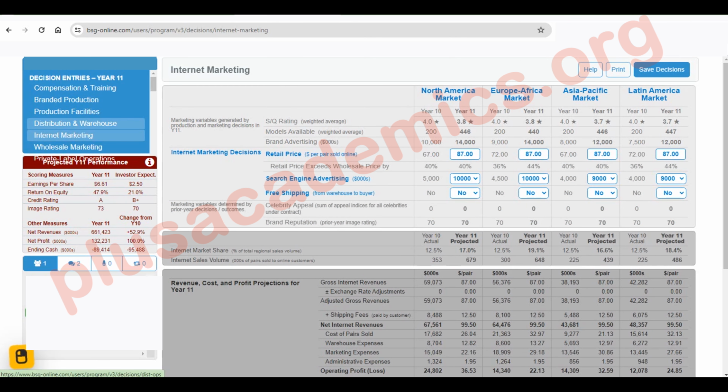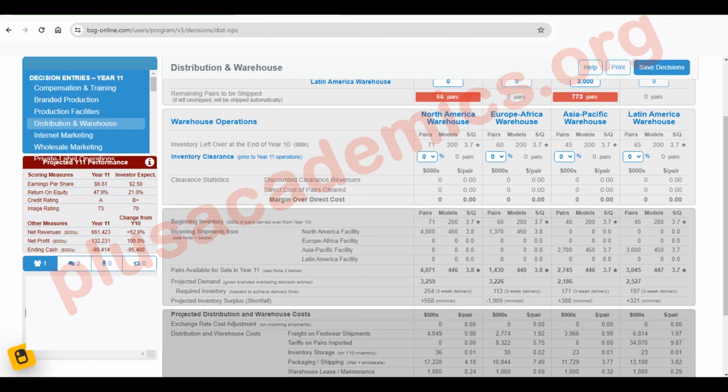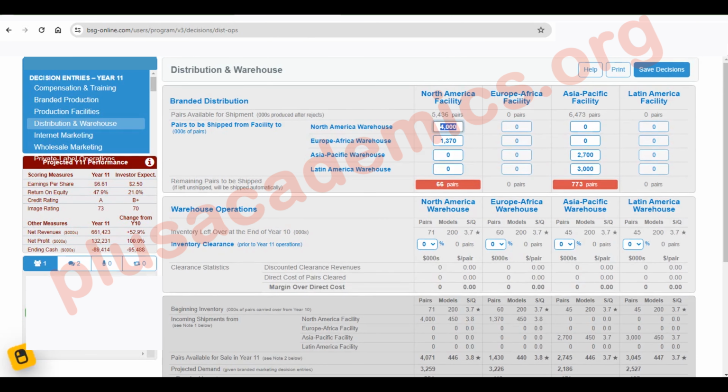what we are sending from North America facility to North America warehouse. So we are going to change from 4,000 to 3,400, and then from North America facility to Europe Africa warehouse, we are going to send about 2036 units.